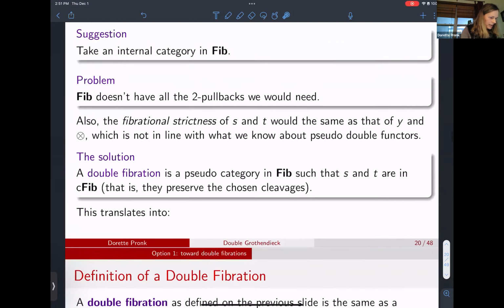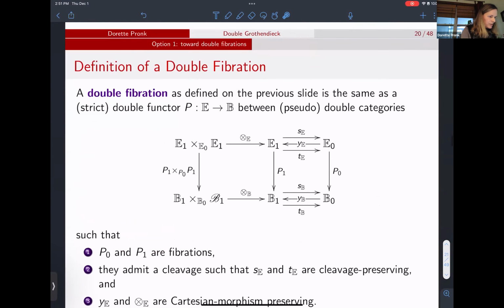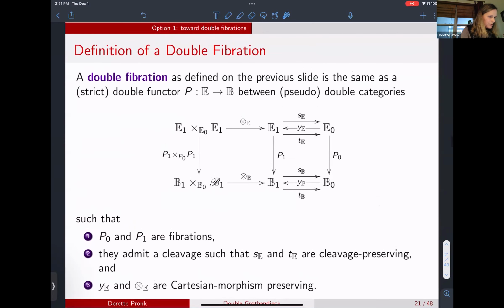So they need to preserve the cleavages. When we do that, an equivalent way to phrase this is to say that the double fibration is a strict double functor between two pseudo double categories. So this is just like, are you looking at the diagram horizontally or vertically? If you look one way, you have a category object in Fib.